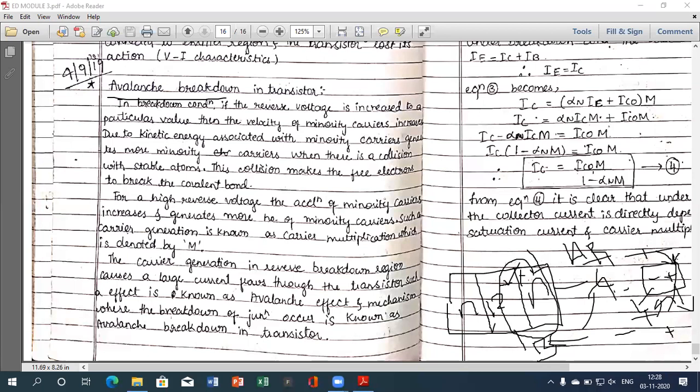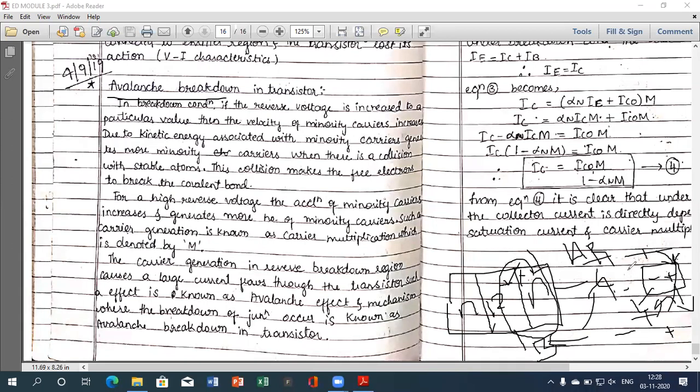Like this, collision makes more free electrons or free holes by breaking the covalent bond of the stable atom.